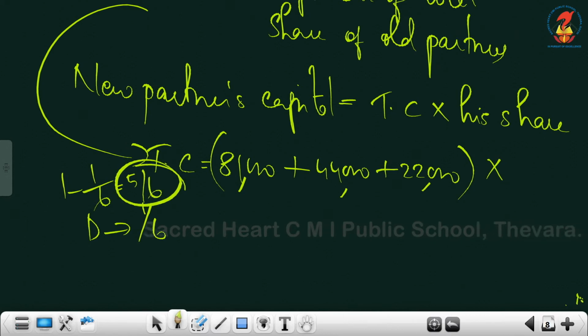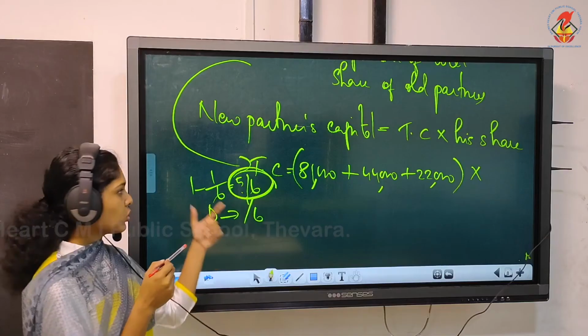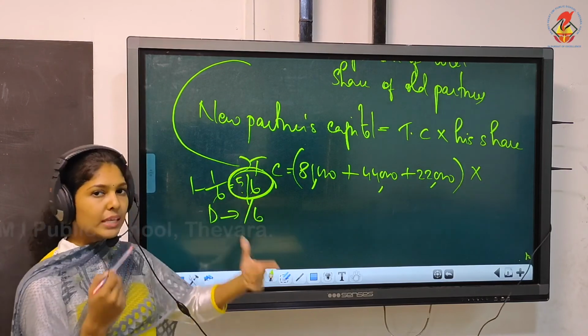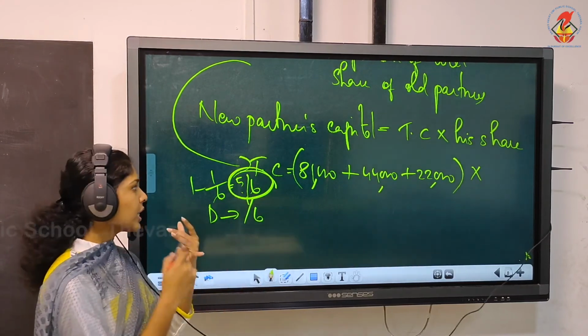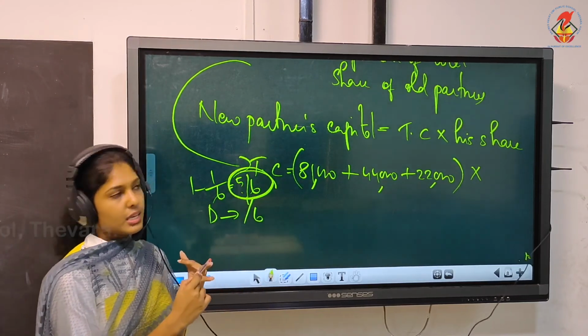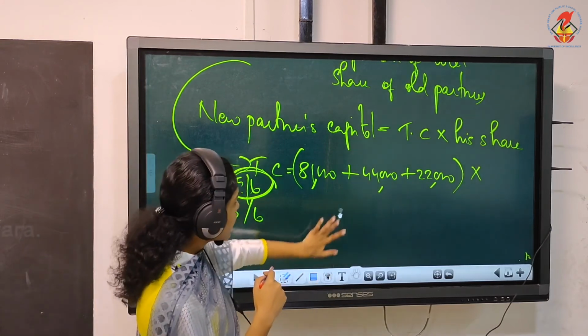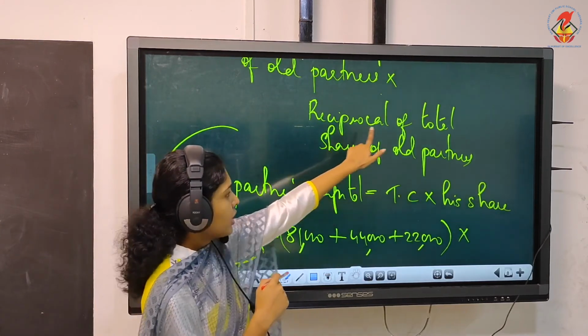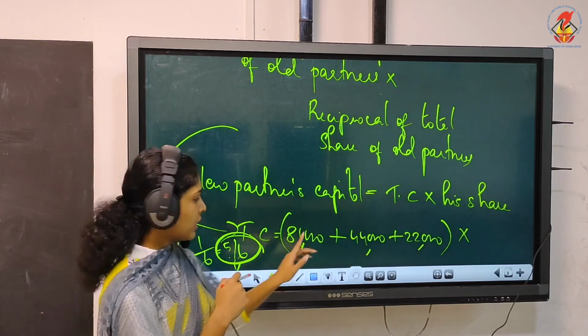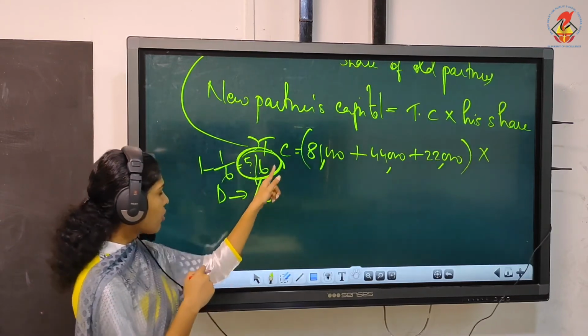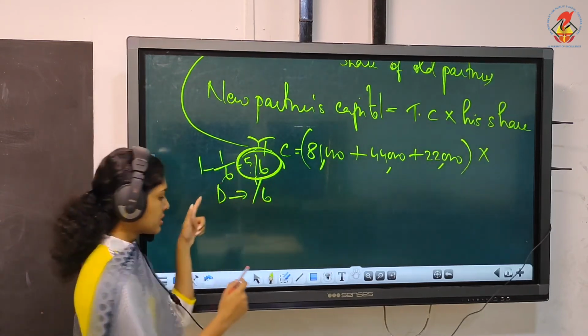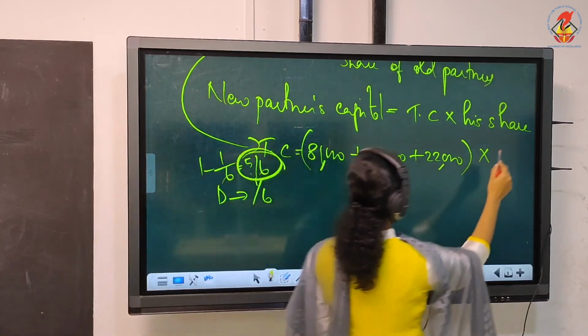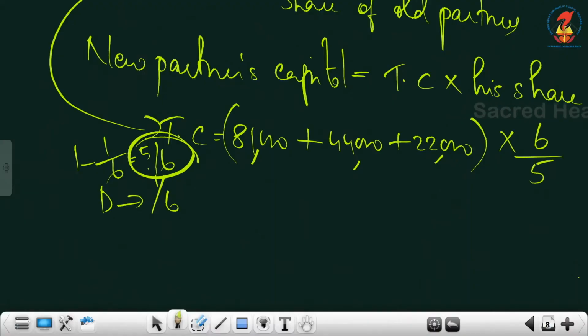So remaining share you have to compute. This is the share of A, B and C, isn't it? 1 by 6 is D's share, so the remaining share 5 by 6 will be the shares of A, B and C. What we have to take here is the reciprocal of total share of old partners. The total share of old partners is 5 by 6, so what you have to take is 6 by 5. This is how you have to do the calculation.